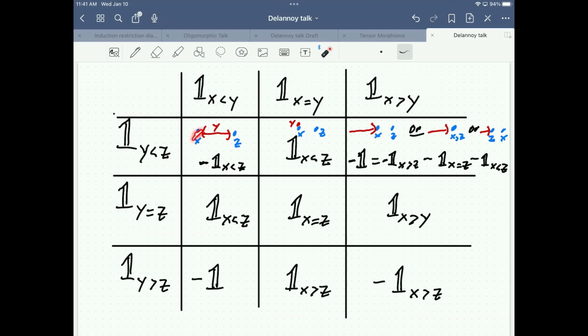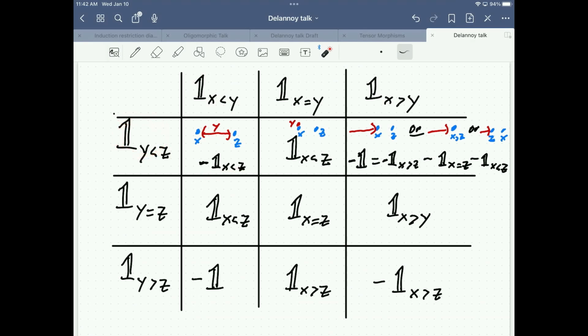Well, if x isn't smaller than z, there's going to be no y's that work at all, and so it won't contribute to the answer. And if x is less than z, y can be anything in this open interval. So I have to calculate the measure of that open interval, which is -1. And so I'm going to get -1 anytime x is less than z. So the composition of this with itself is minus itself.